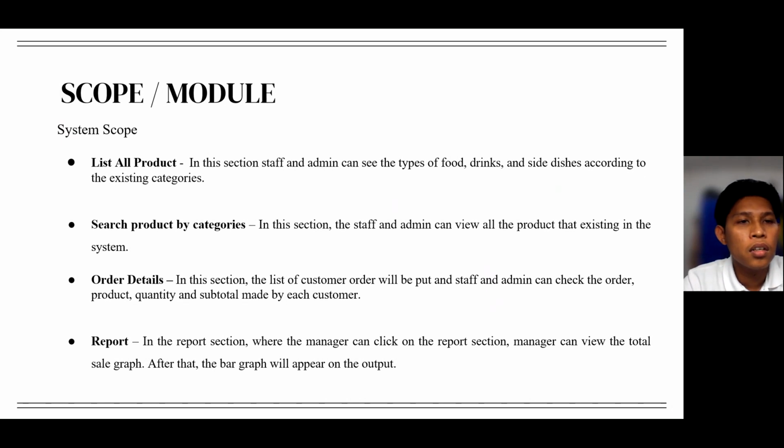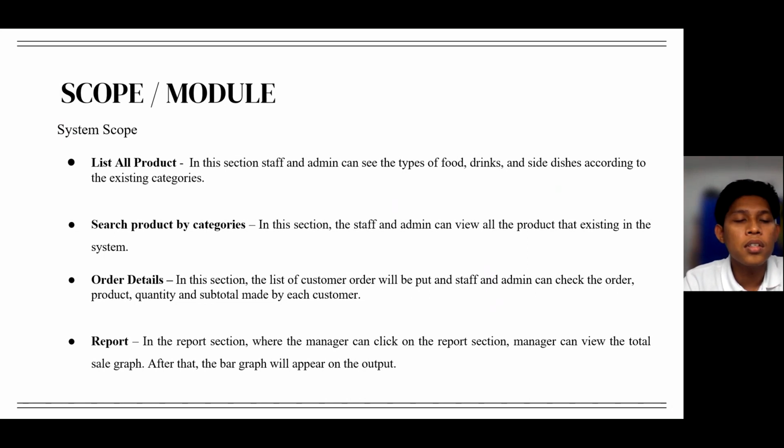Next, my system also has a module that can list all products. In this section, staff and admin can see the types of food, drinks, and side dishes according to the existing categories. Next is the search product by categories module. In this section, the staff and admin can view all the products that exist in the system.